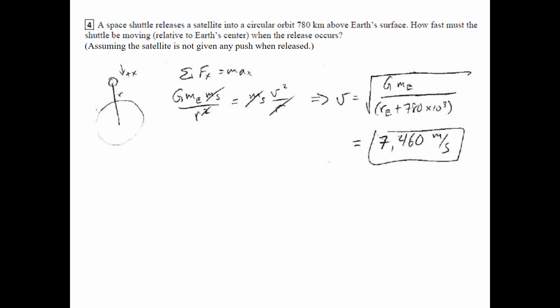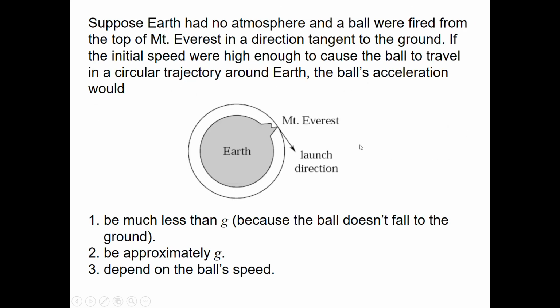If we're really far away from Earth, that wouldn't be true, but objects at reasonable orbital distances are going thousands of meters per second. That's one of the reasons it takes a lot of energy to get something into orbit. Not only do you have to get it far away from the Earth, but you've got to get it going fast in the direction tangent to Earth. 7,460 meters per second.